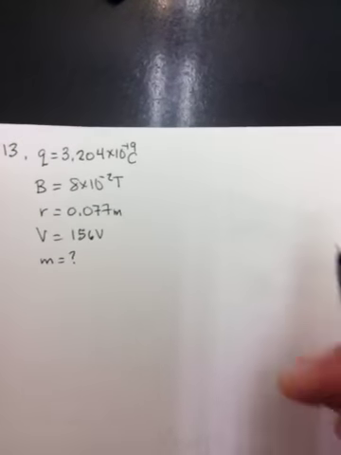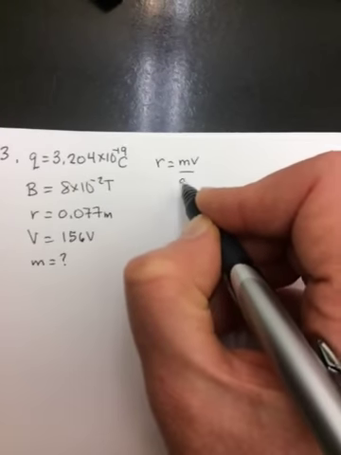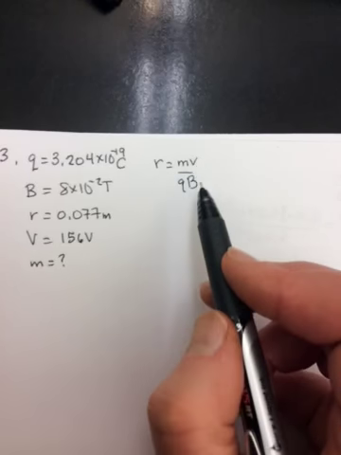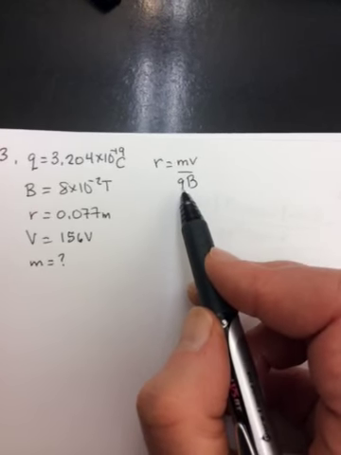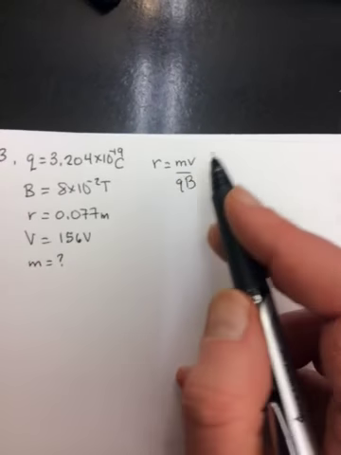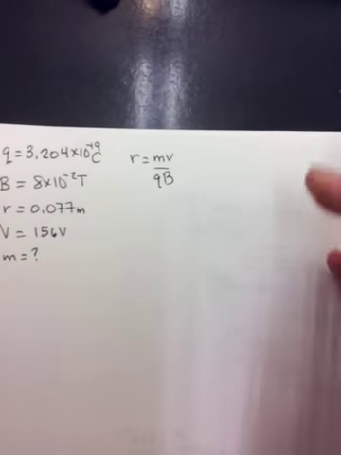Okay, so again, if we go R equals mv over qB, we don't know the m, we don't know the speed, we know the q, we know the B. So this time we have two unknowns. Obviously we can't solve it because we only have one equation.